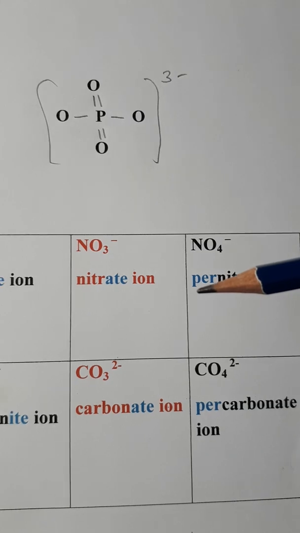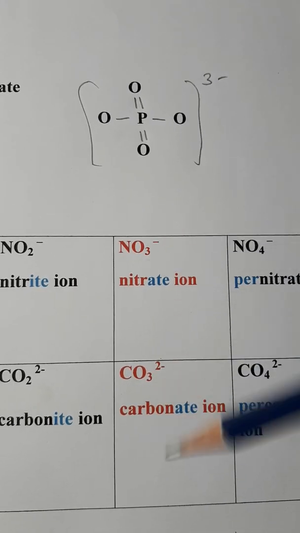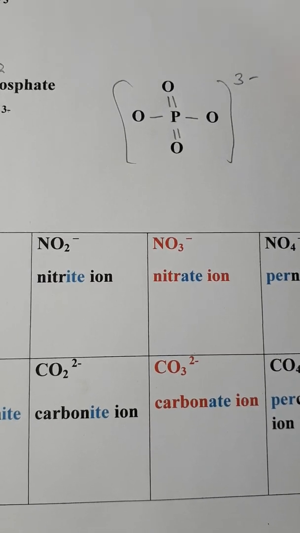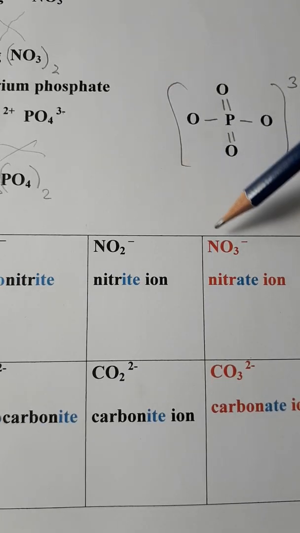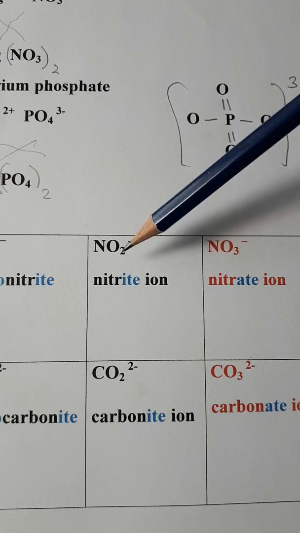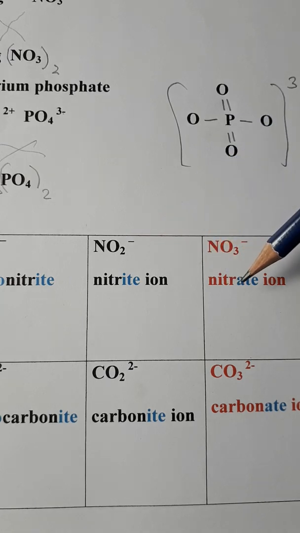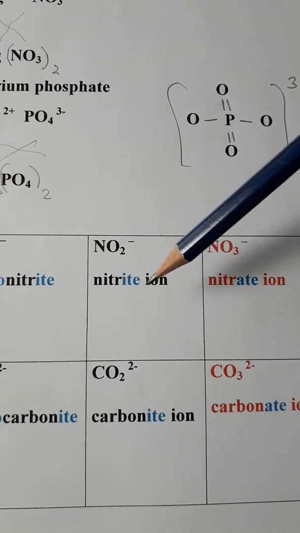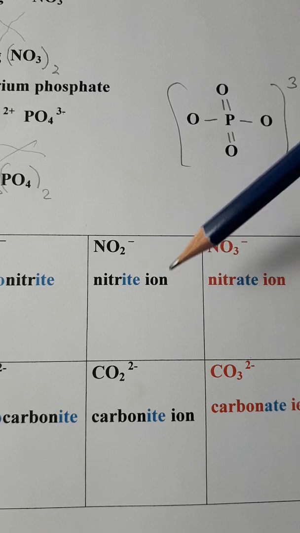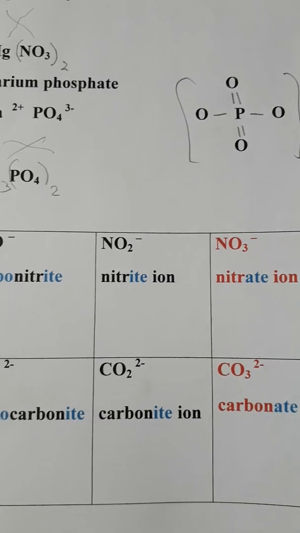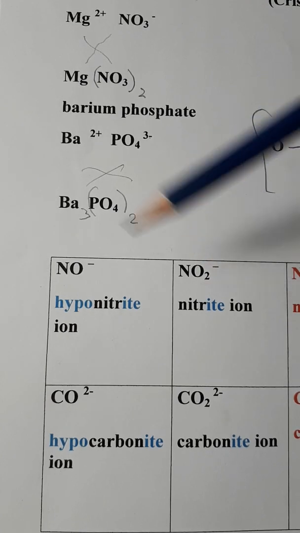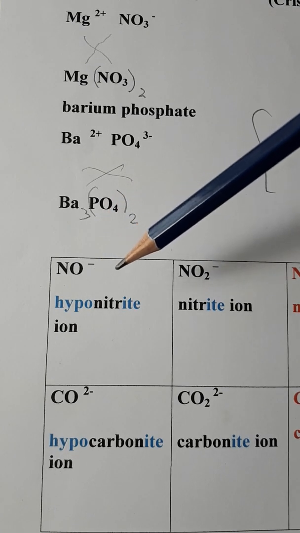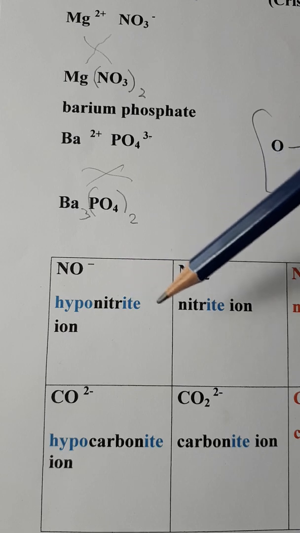And if you go to the left from this column, you have to remove an oxygen atom. So NO3- becomes NO2-. This ate becomes ite. So the name is nitrite ion. If you go one more column left of this, NO2- becomes NO-. We will say that hyponitrite ion.